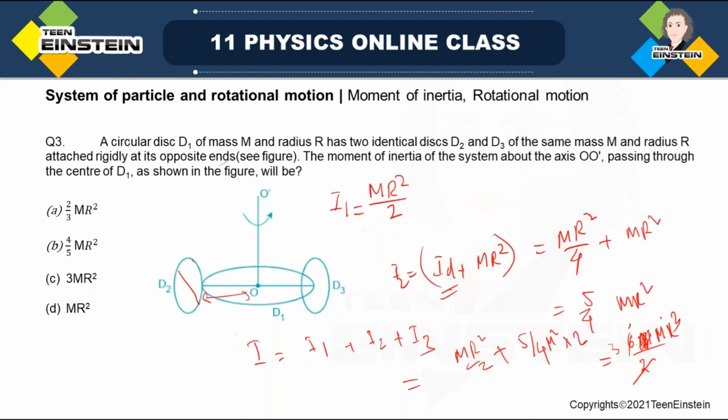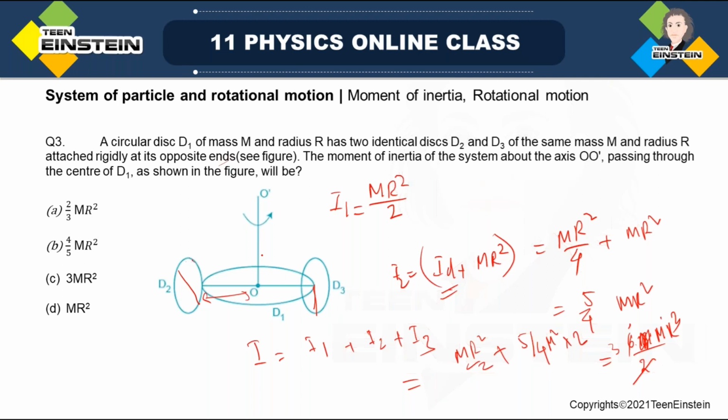So we have got the moment of inertia of the combination. Now we will be applying the parallel axis theorem. This alone we have to find out. The moment of inertia of only one about the center of mass.